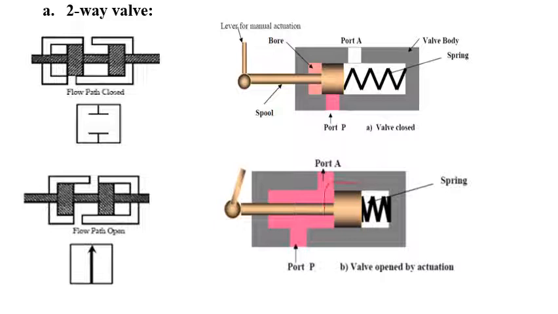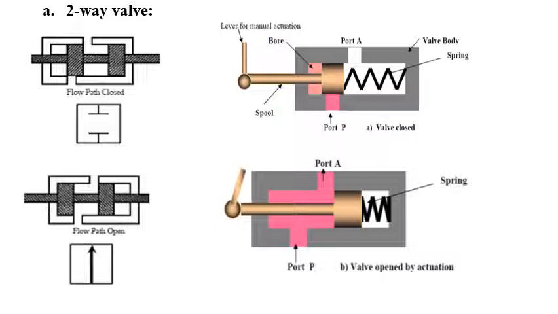When the spool travels from its seat, a passage opens, connecting port P and port A. Port P and port A are connected. What it indicates is that this is a normally closed valve in its initial position.